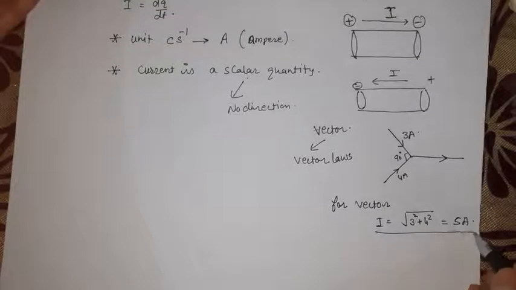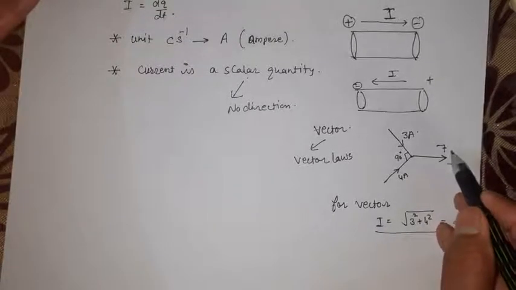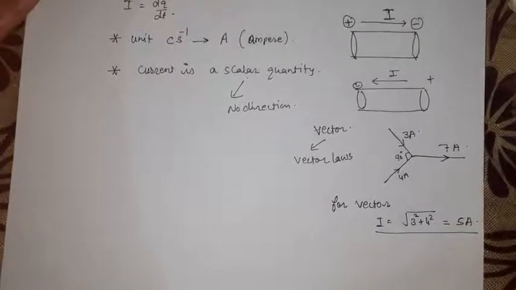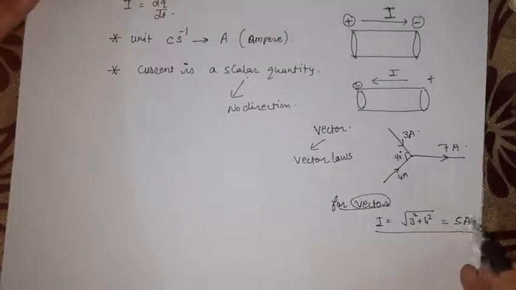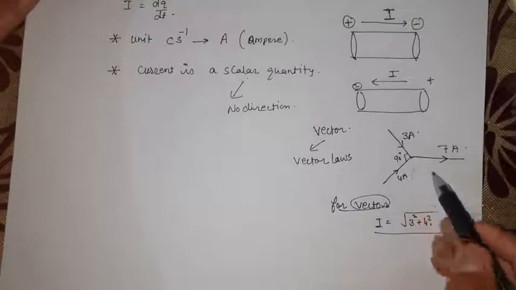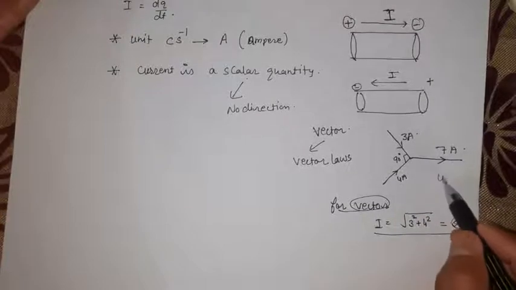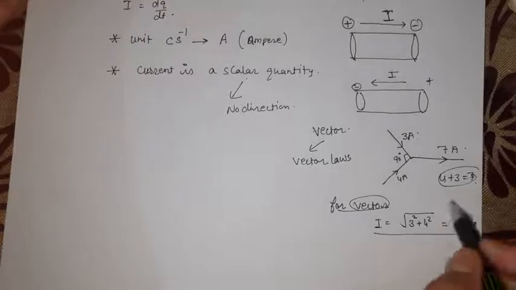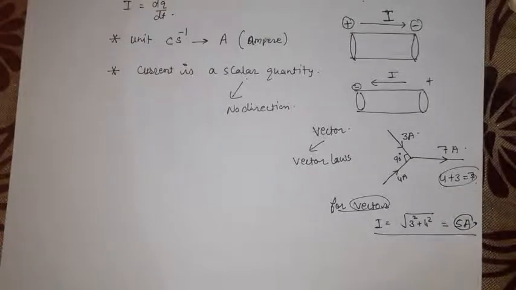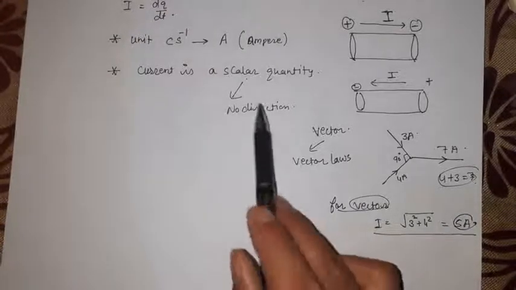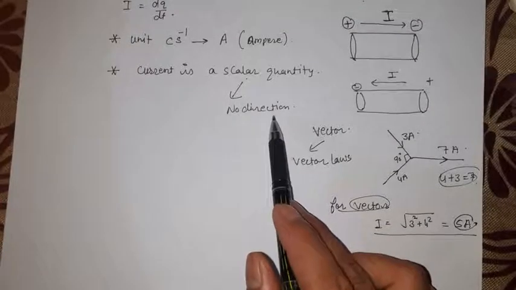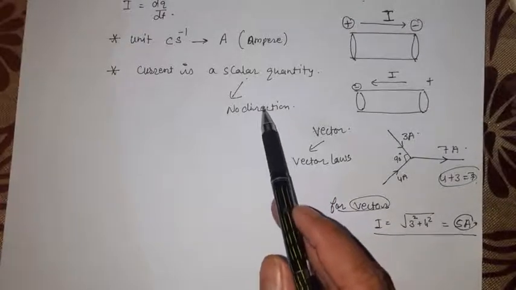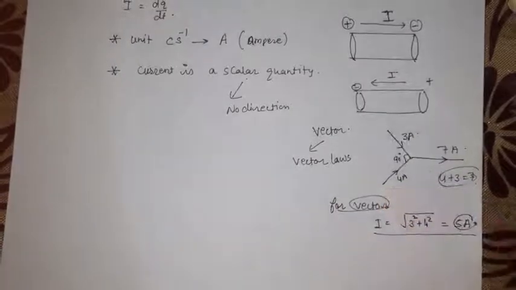But actually there is a flow of 7 ampere, which is 4 plus 3. So that means it does not follow the vector laws, and therefore has no definite direction. Either way, you can say that it is scalar because it does not follow the vector laws.